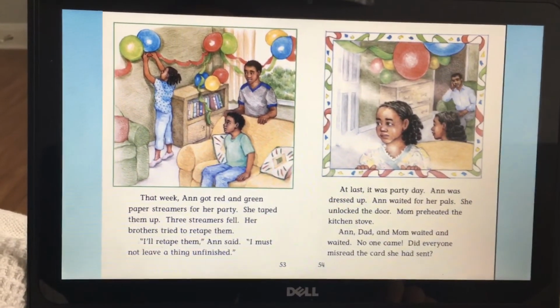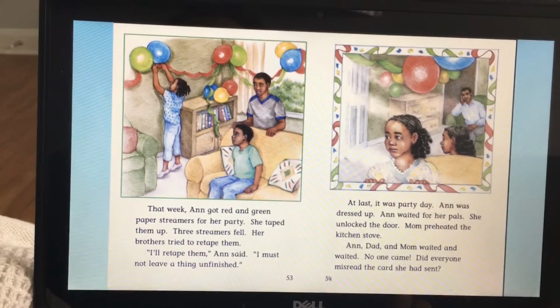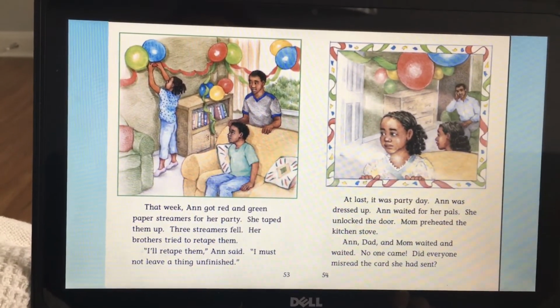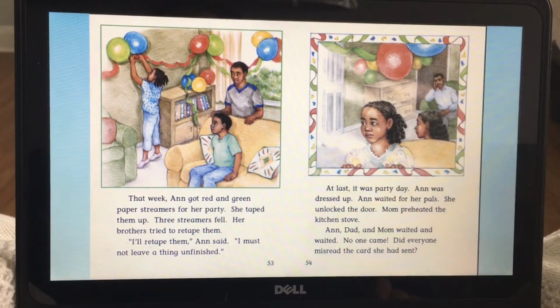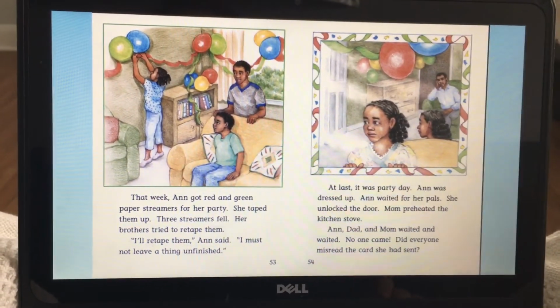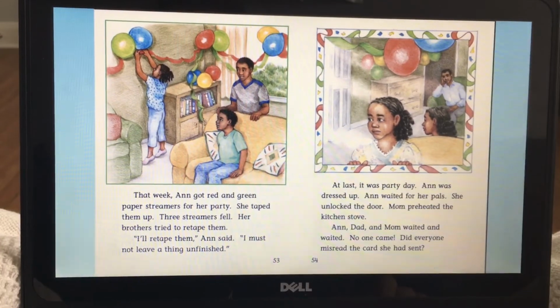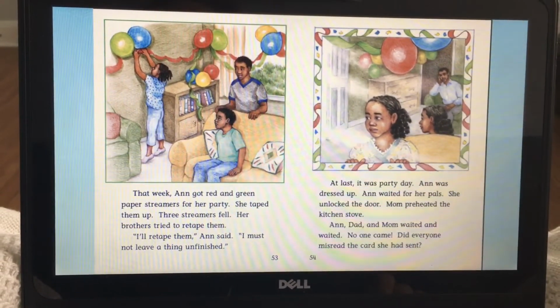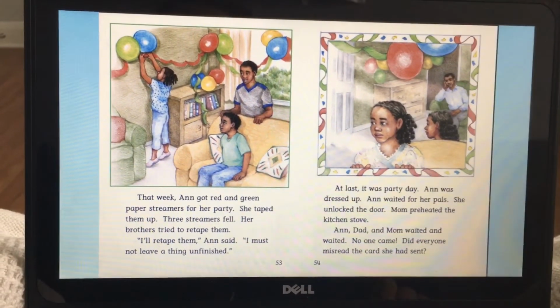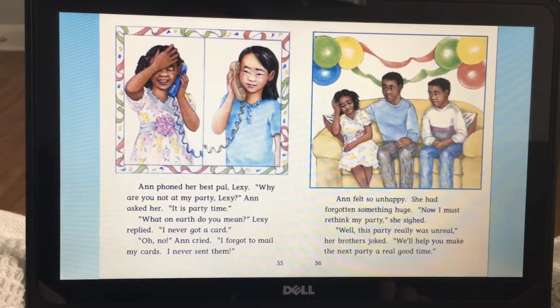Anne was dressed up and waited for her pals. She unlocked the door. Mom preheated the kitchen stove. Anne, Dad, and Mom waited and waited. No one came. Did everyone misread the card she had sent?